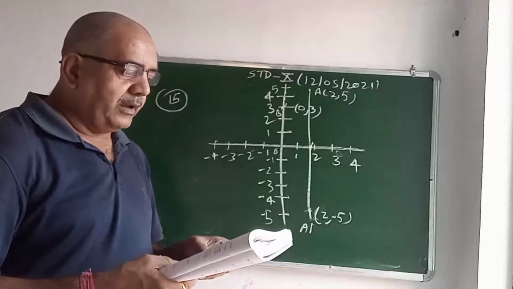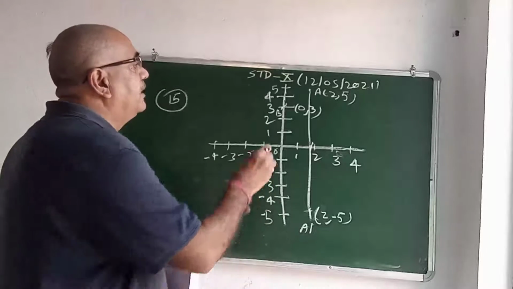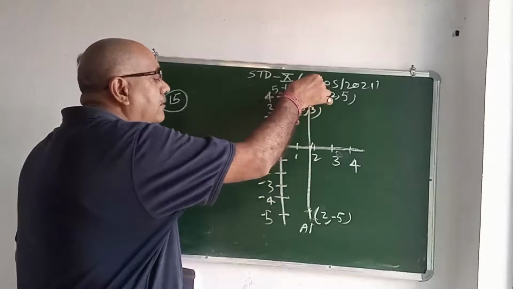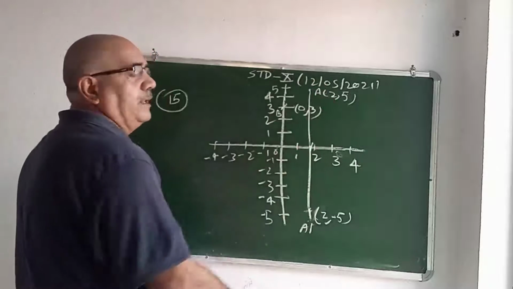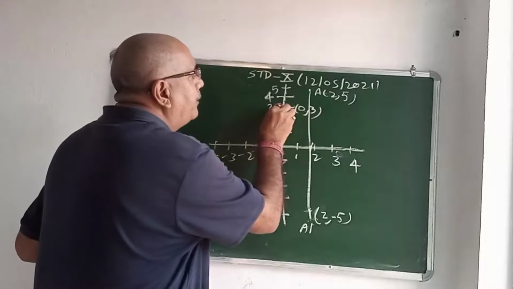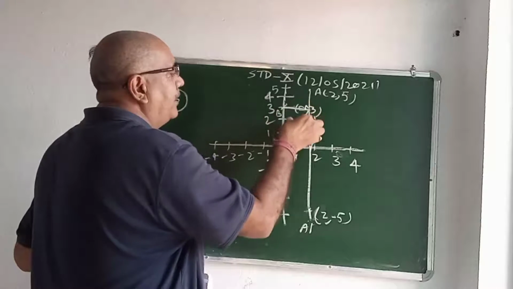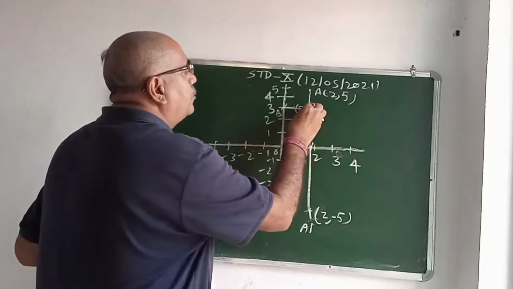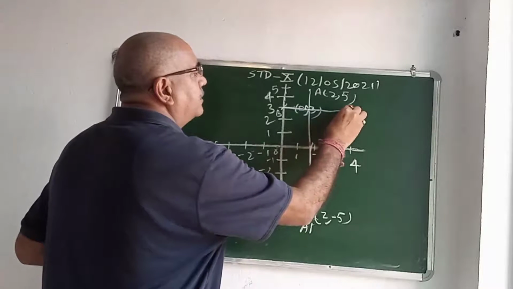A dash is (2, -5). Now find the image B dash of B under reflection in AA dash. B dash is the reflection in AA dash, means AA dash behaves as a mirror. So from B we will reflect on this line, and this is the length. How many lengths? 1 or 2 houses. 2 houses we will go back. So 1 house, 2 houses.